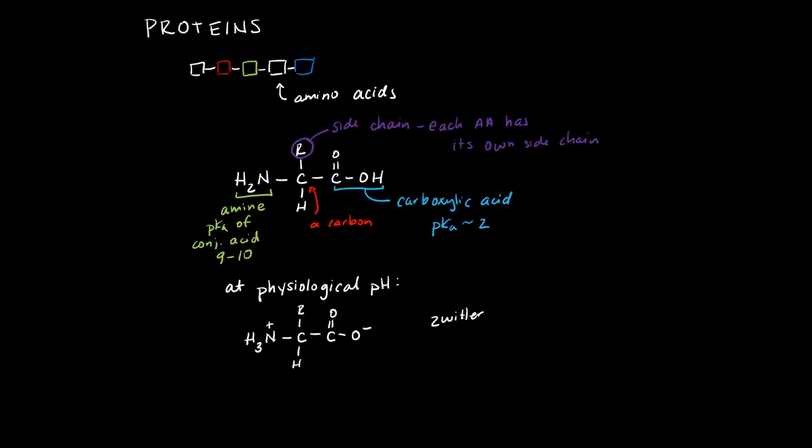So in the end, we have at physiological pH at around pH 7, a species that has both a positive and negative charge. This is called a zwitterion. That's when you have a full positive and full negative charge, and overall no net charge, because those two cancel each other out.